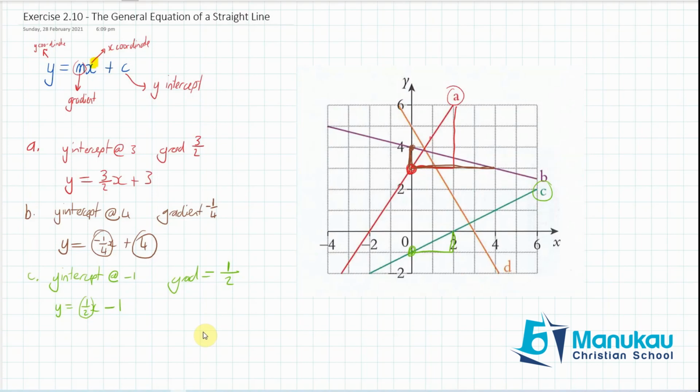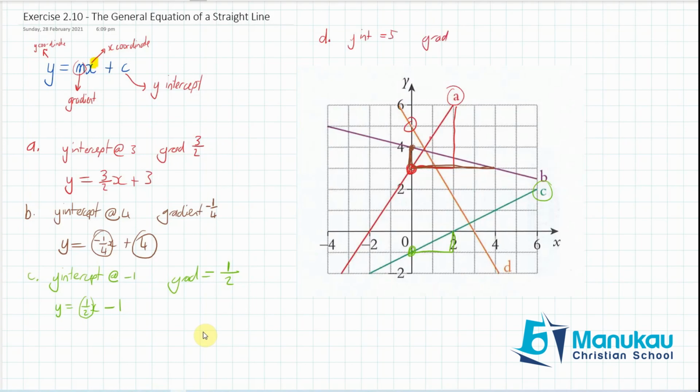The last one is this orangey sort of thing. We'll try this. So D, maybe I'll just write that up here, D. We've got an intercept there of 5, so y intercept is 5.